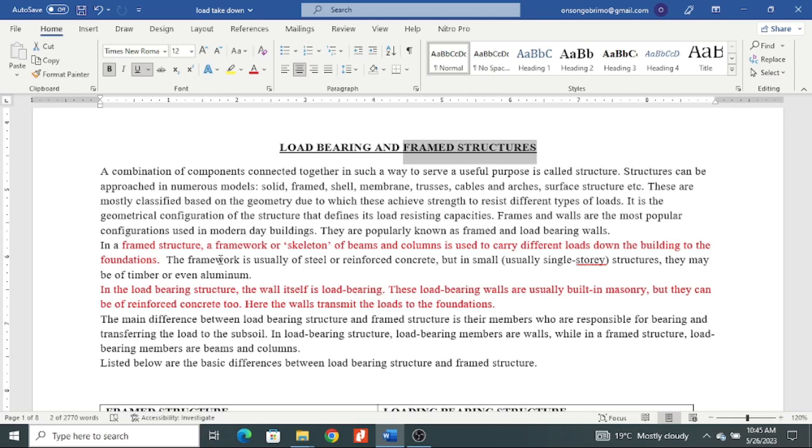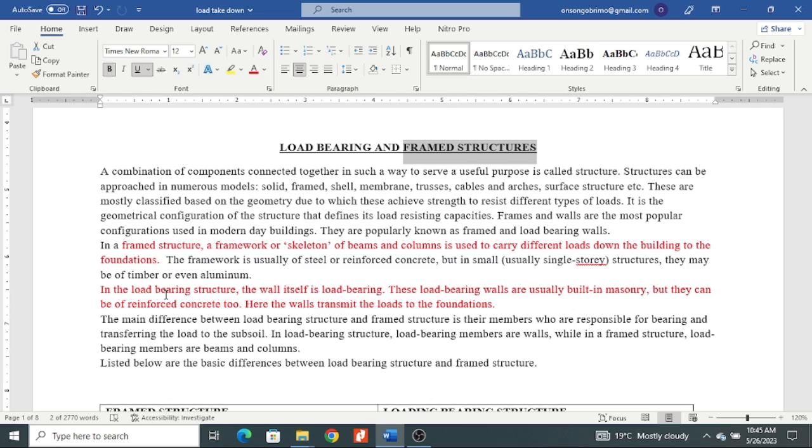But in terms of distribution of our loads from the roofs, these walls do not play any part. In load bearing, the walls are designed in such a way that when the loads come from the roof, they are distributed to the foundation through the walls themselves.